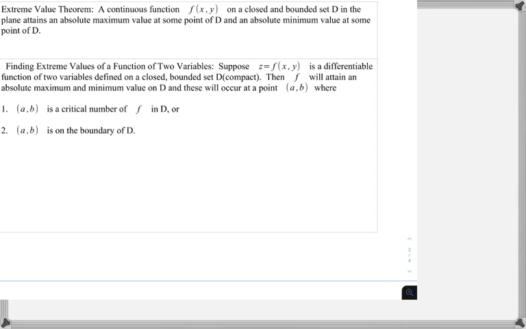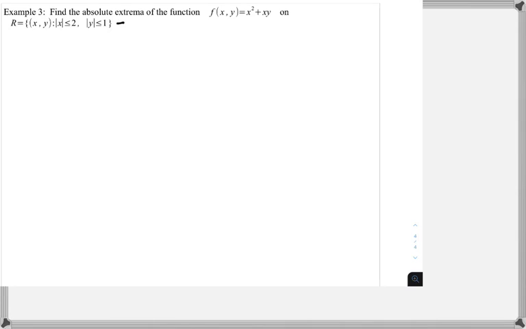Okay, so let's go ahead and work on one example here, and it'll be plenty. We're going to find the absolute extrema of the function f of x, y equals x squared plus xy on the region R, which is the set of all x, y such that the absolute value of x is less than or equal to 2, and the absolute value of y is less than or equal to 1.